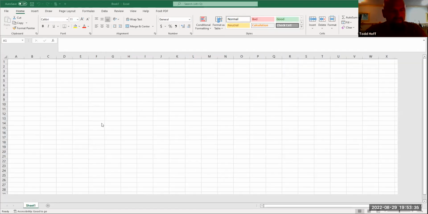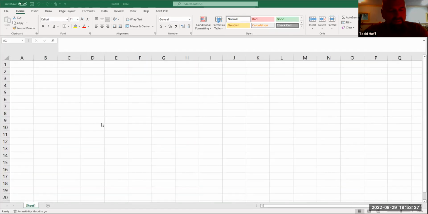So what we're going to look at is the number of classes that students are taking. We're going to take a sample and look at how many classes those students are taking. So let's share my Excel document here. We're going to start out with number of classes being taken.